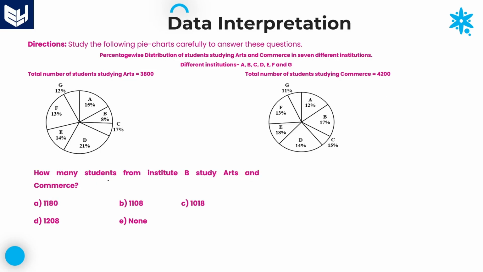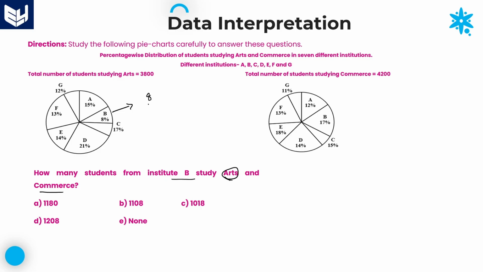Second one. How many students from Institute B study arts and commerce? We are talking about Institute B, and you need to calculate arts and commerce separately, and after that add those two values. First arts.